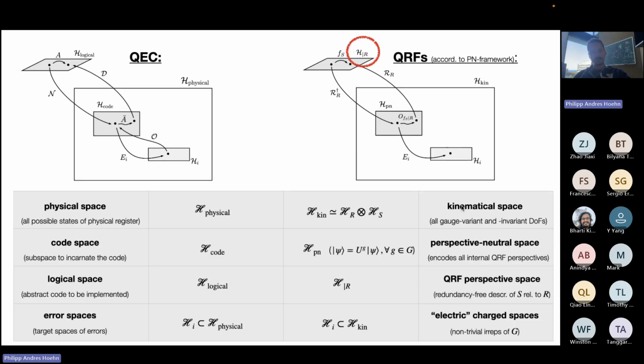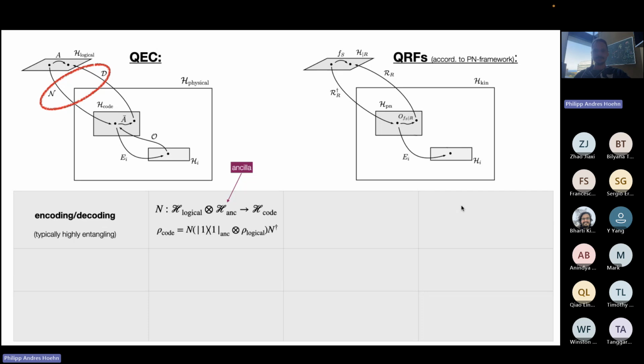Now let's talk a little bit about the maps between the two to make this somewhat more precise. In quantum error correction, from the logical space to the code space, you have these encoding maps, and conversely the decoding maps. So you have your logical space and some logical state, and in order to embed it with redundancy, you add some kind of tensor factor. Here I call it ancilla.